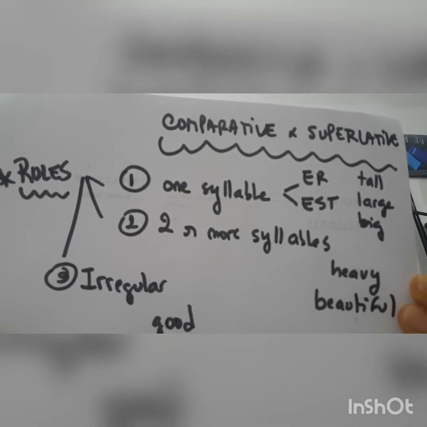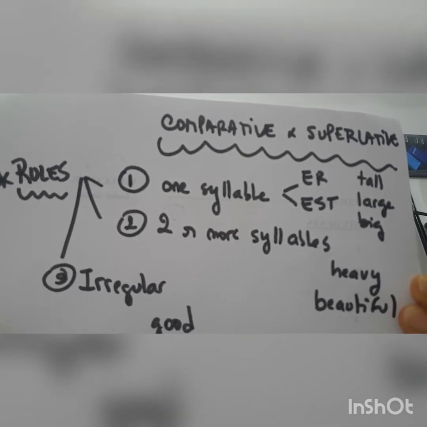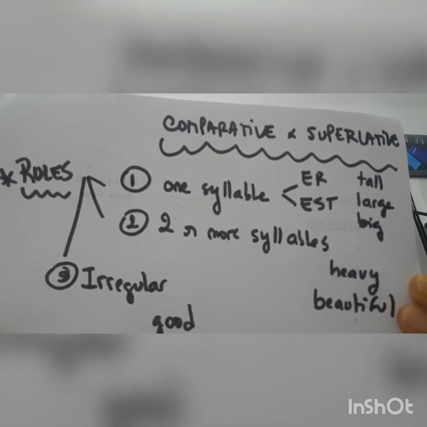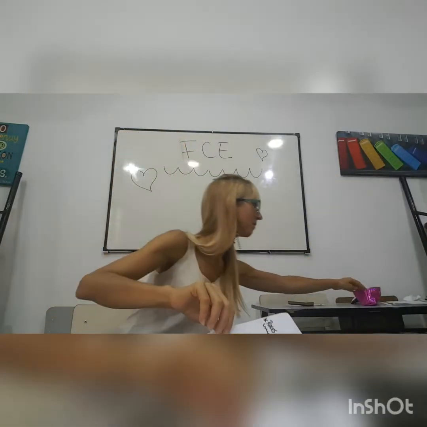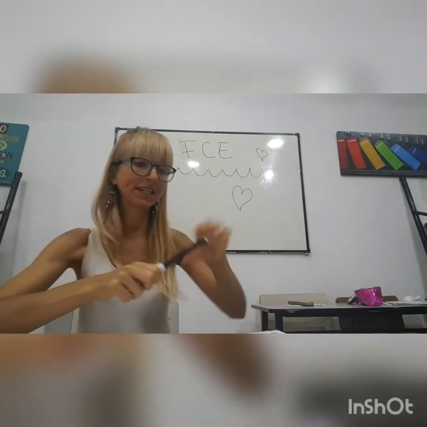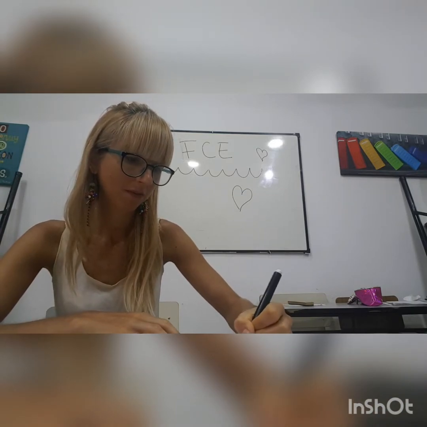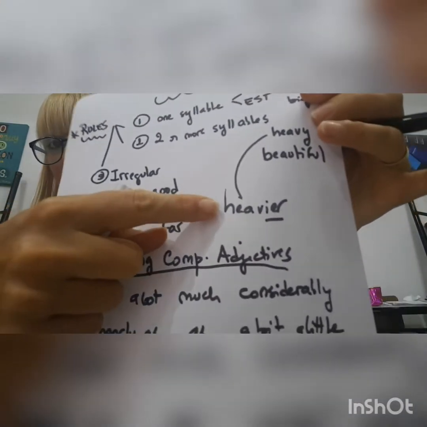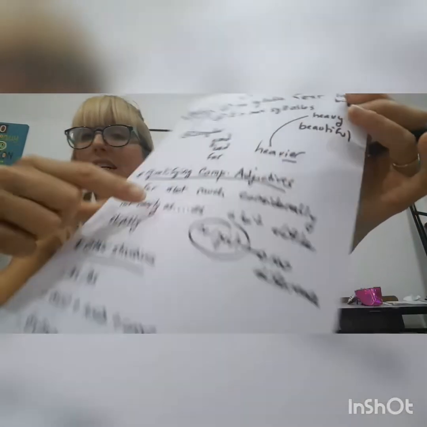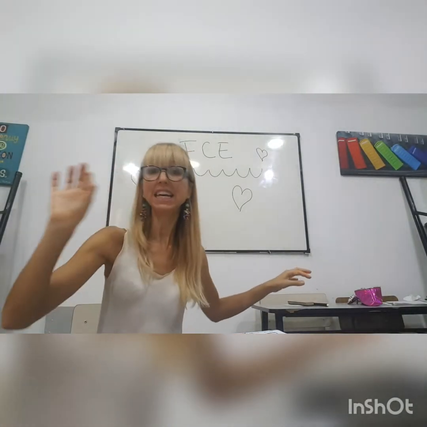They have two syllables, but when they finish in Y, they act as if they were short adjectives, because the comparative form of heavy is heavier. Okay? Heavier. Sorry, I will write it here so you can see it. Heavier. So even though it has two syllables, we make the comparative form with the ER.